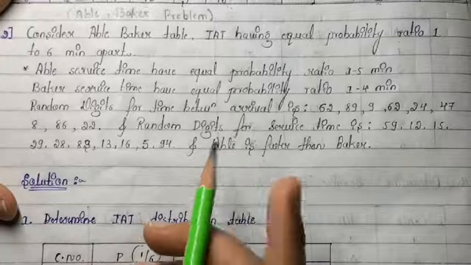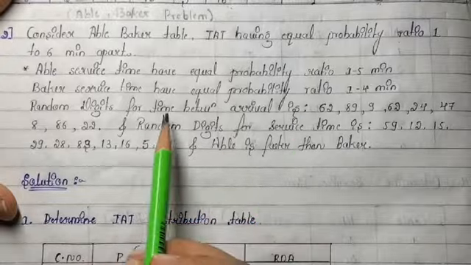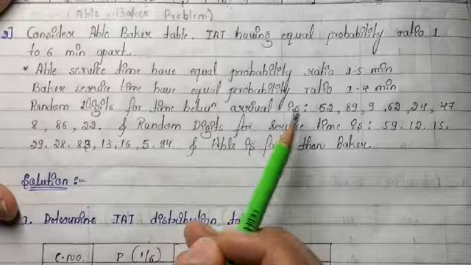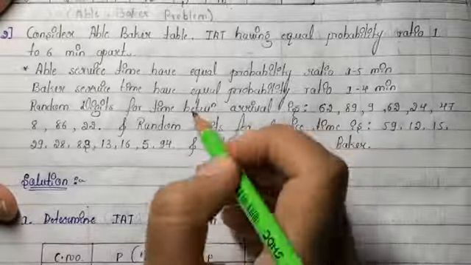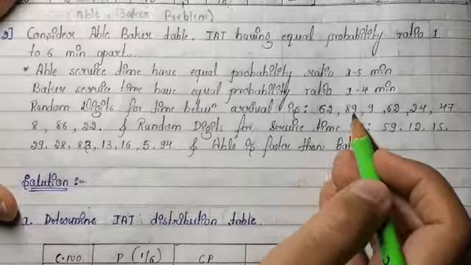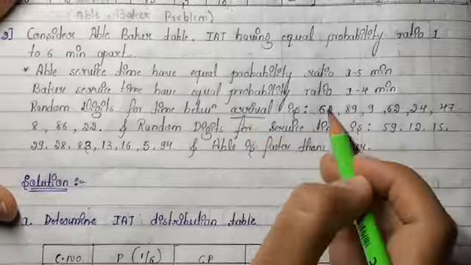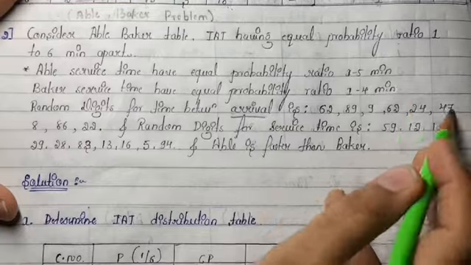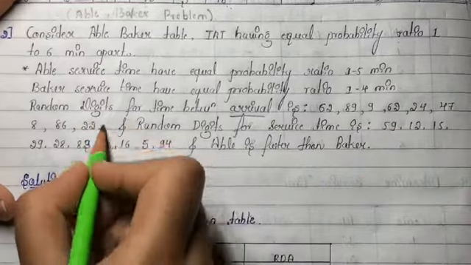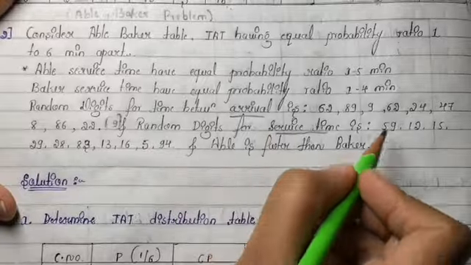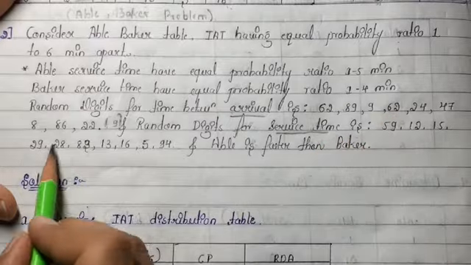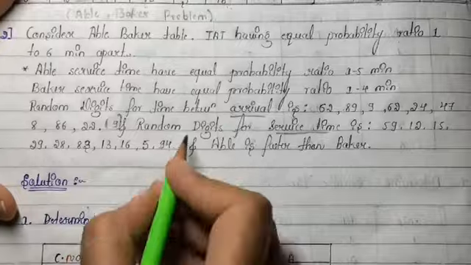Okay, before going to the solution, we just count the number of random digits for service and arrival and write them down. The number of random digits for arrival are 1, 2, 3, 4, 5, 6, 7, 8, 9. They are total 9. And the random digits for service time are 1, 2, 3, 4, 5, 6, 7, 8, 9, 10.